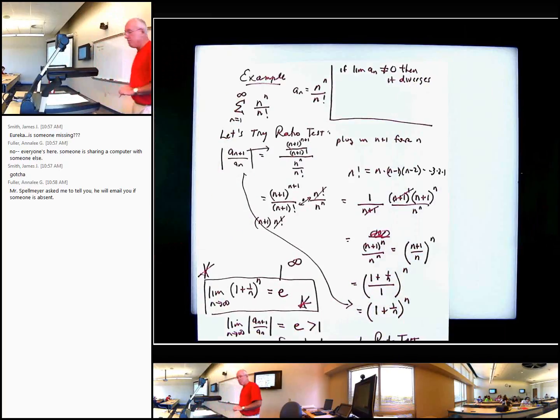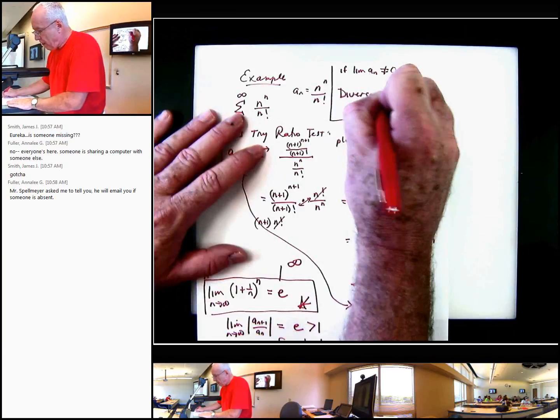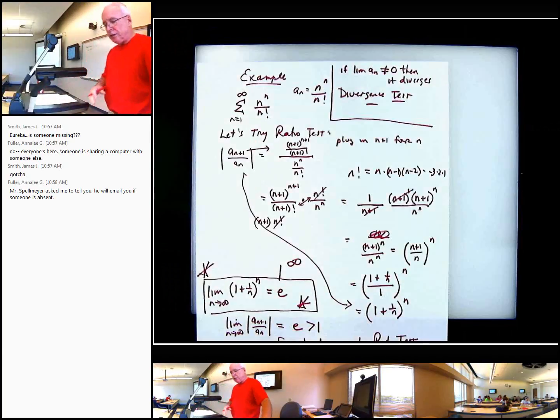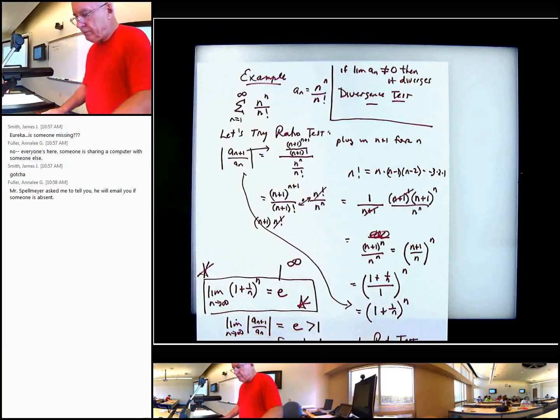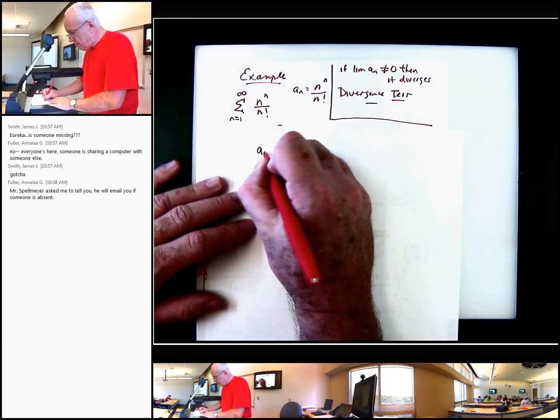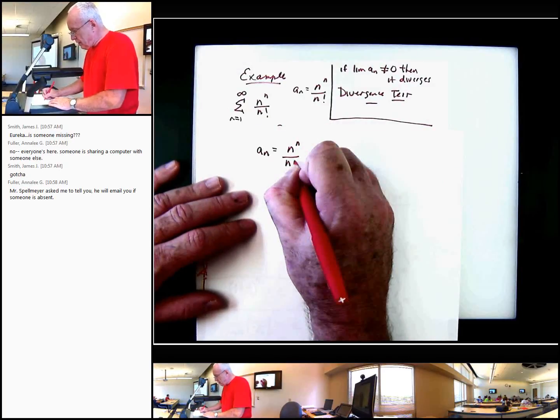Right? That's the divergence test. Well, let's see what we get when we look at this divergence test with this particular series. Okay, our a sub n is equal to n to the n power over n factorial.